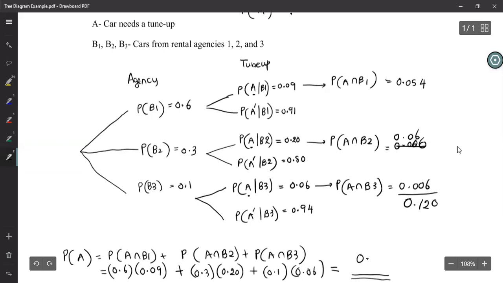Right, so we get 0.12. Okay. So it seems like it's clear to all of you. Anybody who needs explanation again, please let me know.